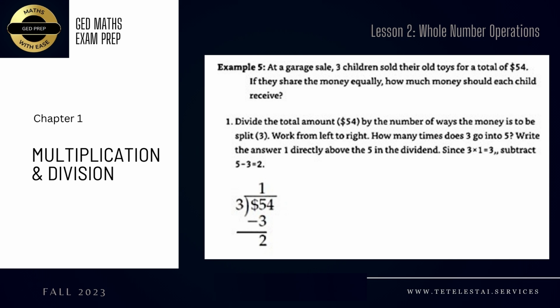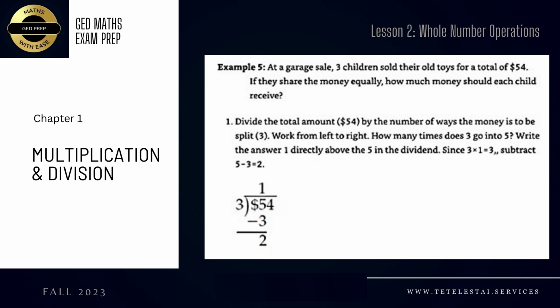So the first question you should ask yourself is, how many times does 3 go into 5? Well, we know the answer is 1. So you would write 1 on top of the dividend, which is 54. 3 times 1 is 3. And so then you would subtract 3 from 5 and you have 2. So far, so good?